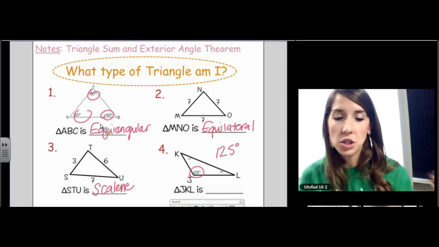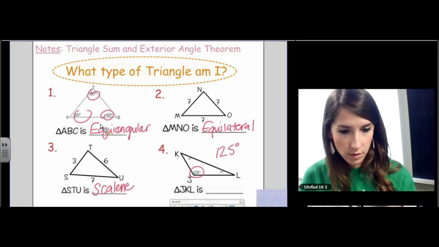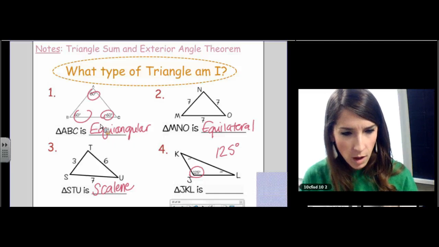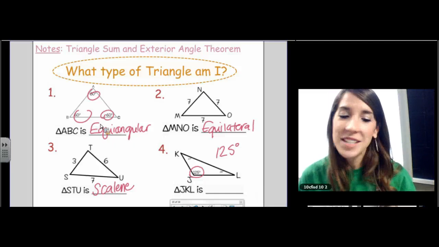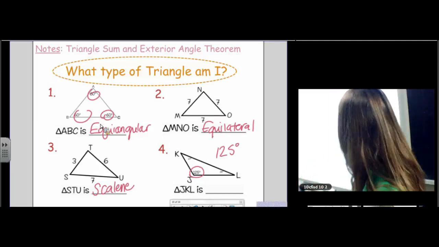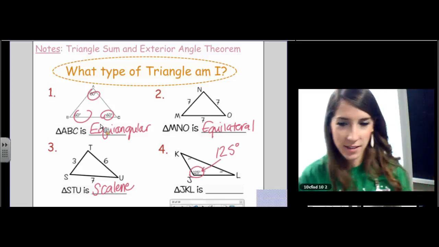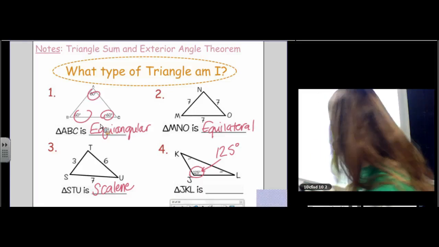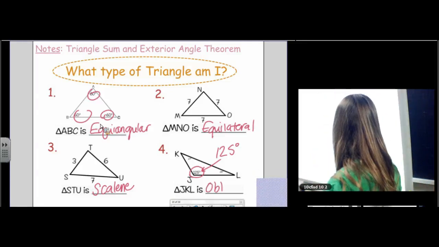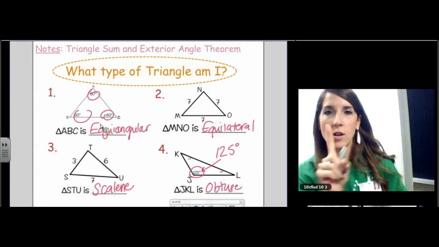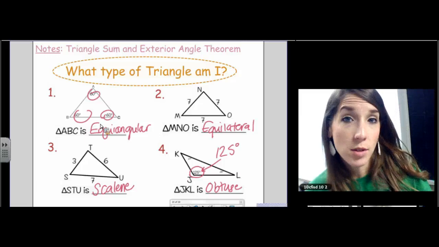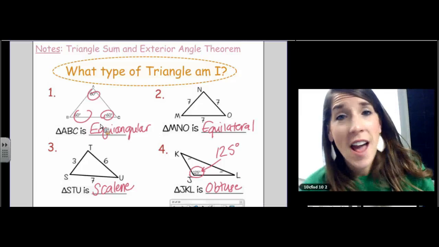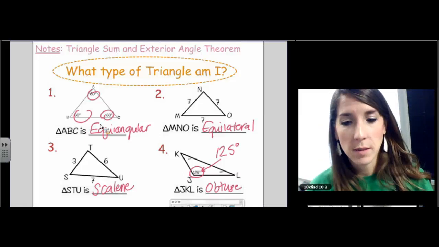But I want you to choose the answer based off of the angles. Abbas, you don't need to see all the angles. I told you this angle right here, and that's all that matters. Good. Obtuse. It is an obtuse triangle. It only takes 1 angle to be obtuse to make it an obtuse triangle. The other 2 angles are going to have to be acute. They have no other choice but to be acute.